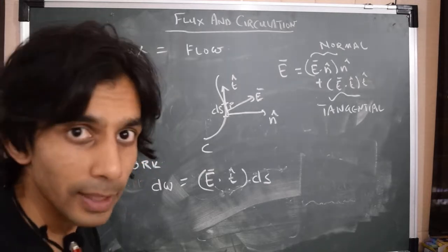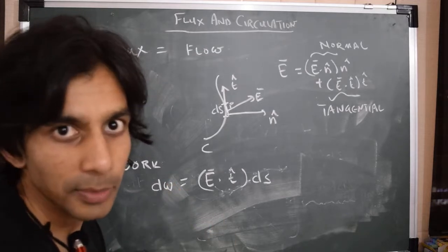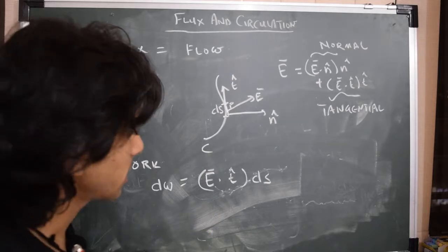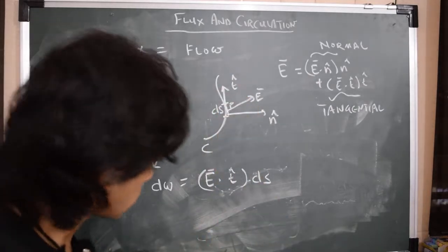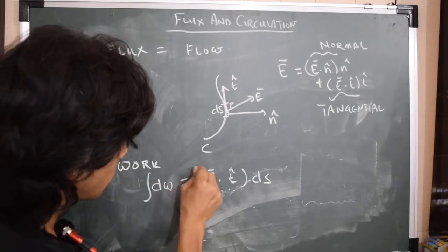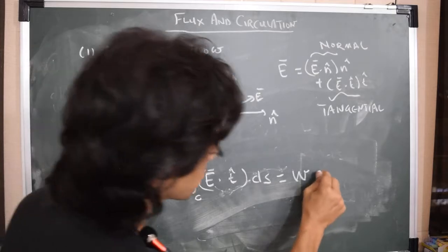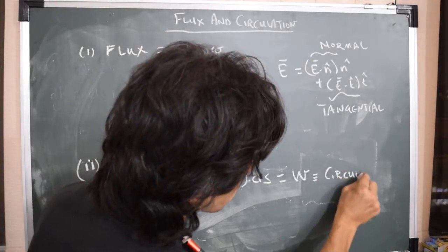These are applicable to any vector field. It's just that we have chosen to remain with the same terminology. So this is the infinitesimal work done by the field as we move a small distance ds along this curve, and if we integrate this along the curve, we get the total work done, or circulation, along the curve.